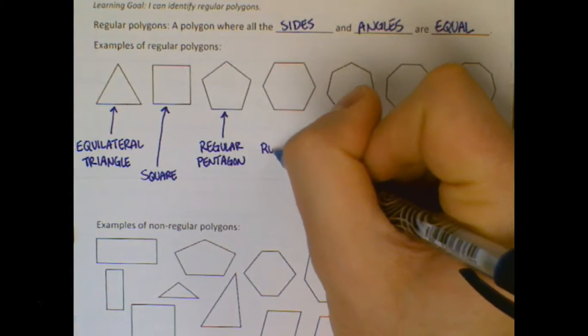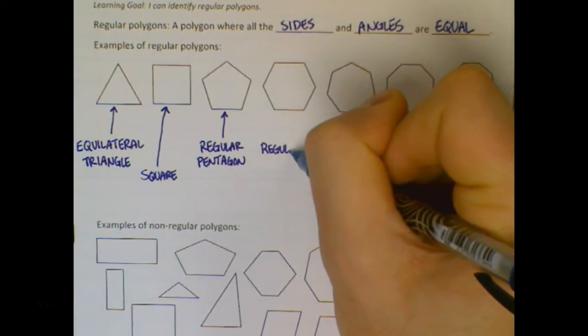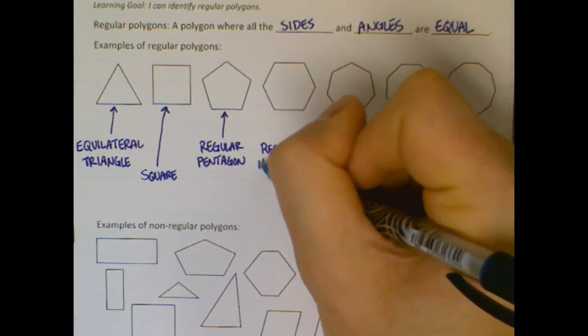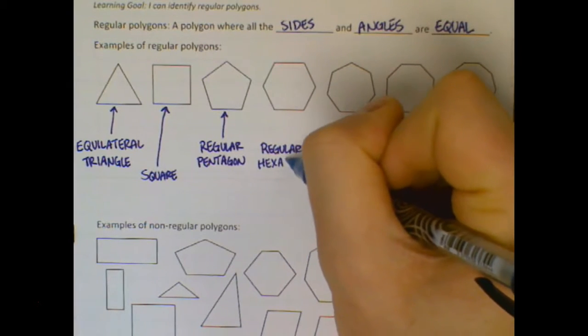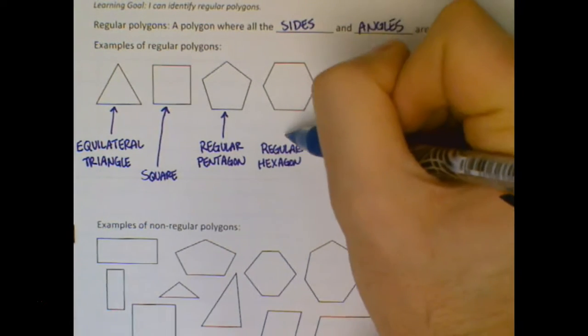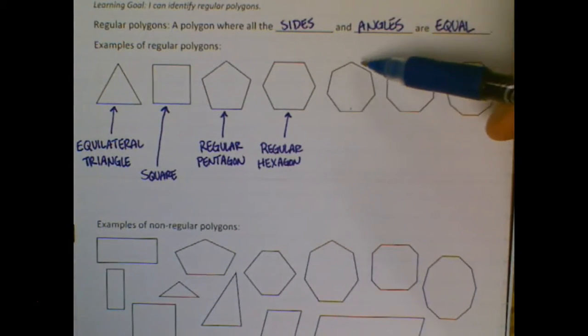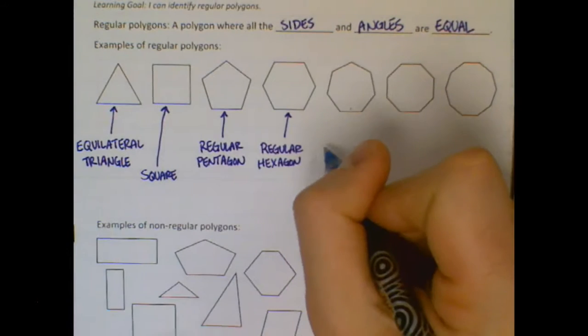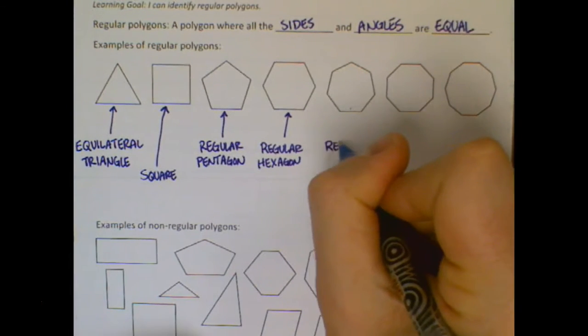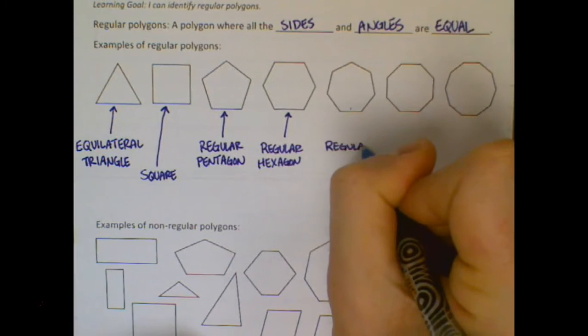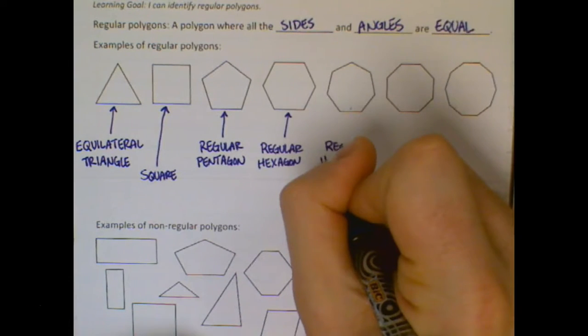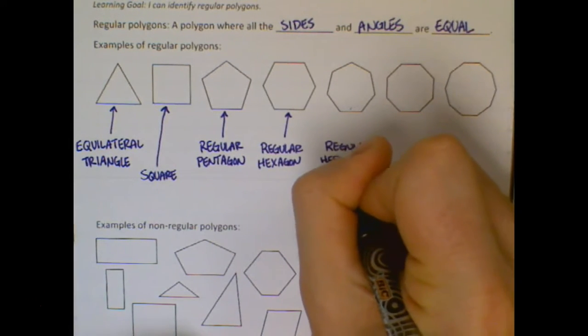So this is a regular six-sided shape known as a hexagon. Okay, next to that, 1, 2, 3, 4, 5, 6, 7 shapes, or 7 sides. So instead of a hexagon is a heptagon.